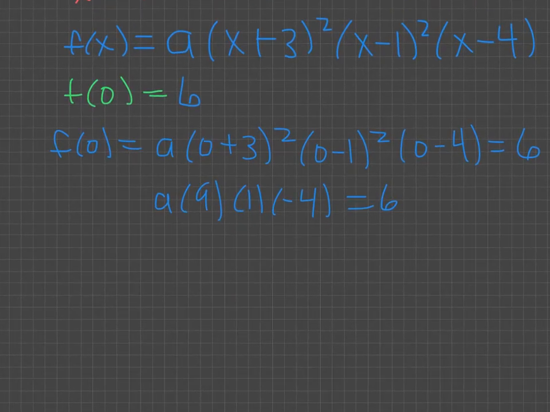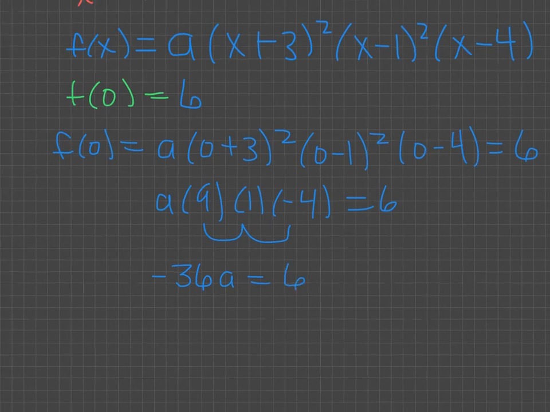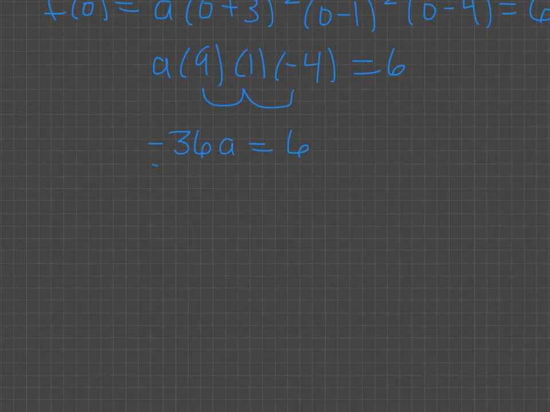Okay, well, doing this multiplication here, we're going to get 9 times negative 4, so that's a negative 36a equal to 6. Divide both sides by negative 36. And we get a equals negative 6 over 36, which will reduce to negative 1/6.